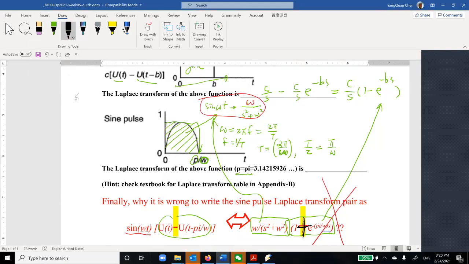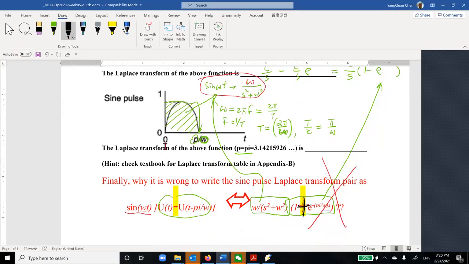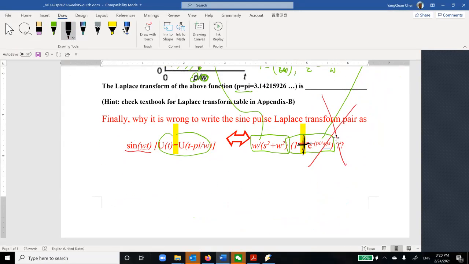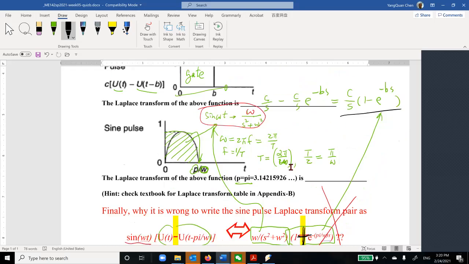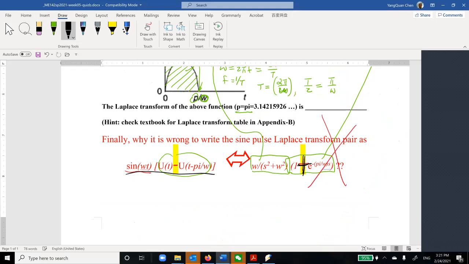Okay, now we are going to do this type of thing here. Why this is wrong is because you are misled by the equation here. So this is not wrong, this is correct. If you write sine omega t u(t) minus sine omega t u(t minus pi divided by omega), this is a half T, the half period.